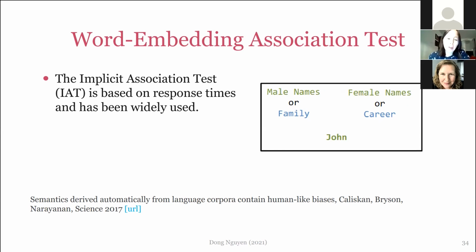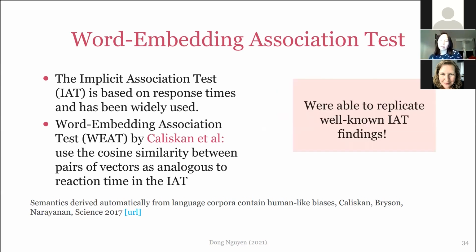And so the implicit association test looks at response times, but researchers have used the same setup, the same kind of words, but instead of response times, looked at something called the cosine similarity between the embeddings. So if you have these embeddings in a vector space, how similar are the embeddings? That's used instead of response times. And what they found is that they were able to replicate well-known implicit association test findings based on this method.